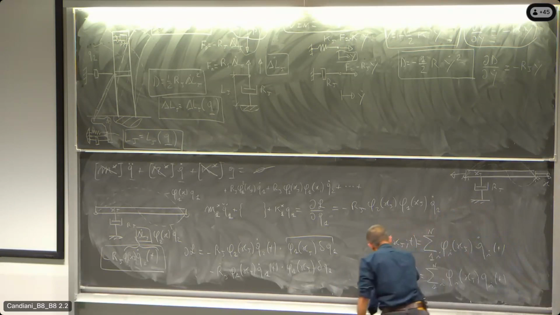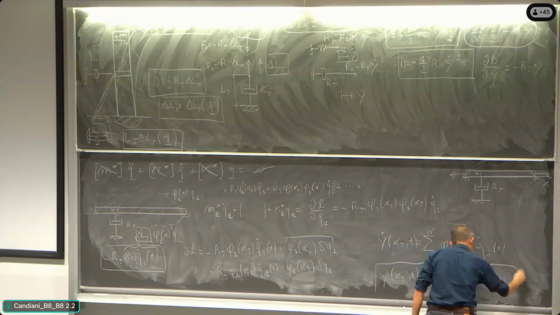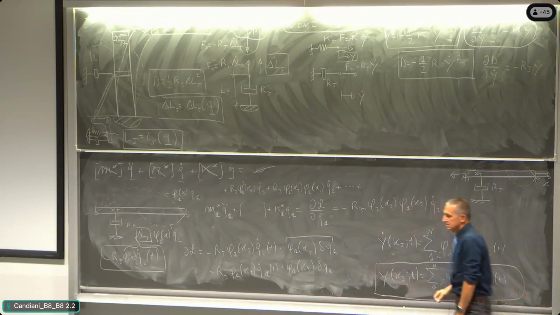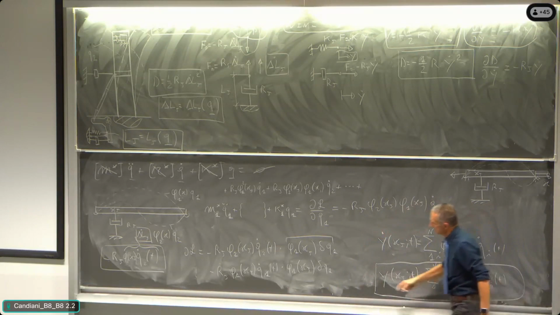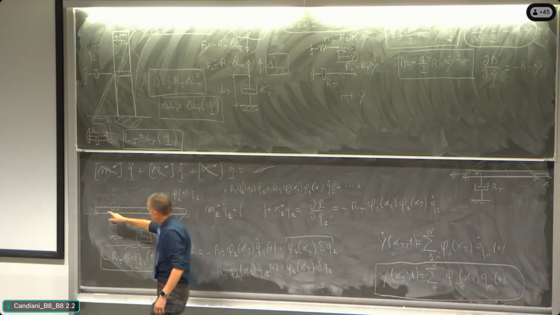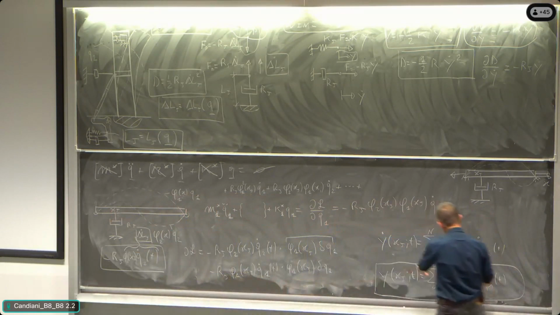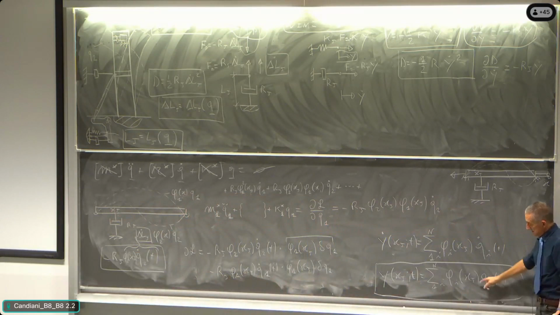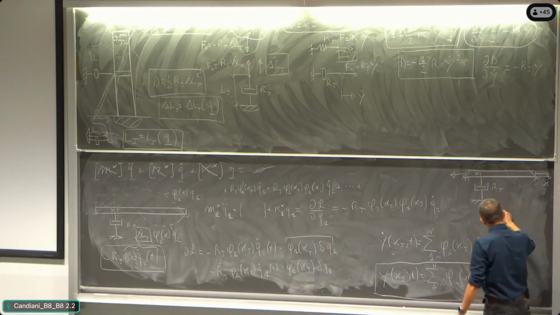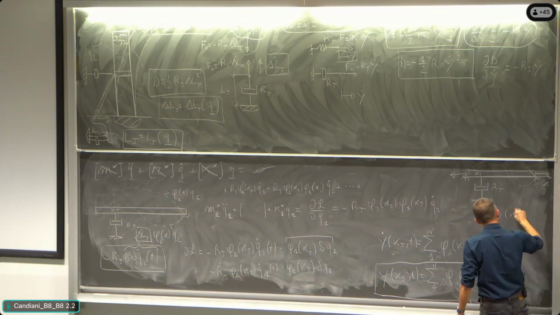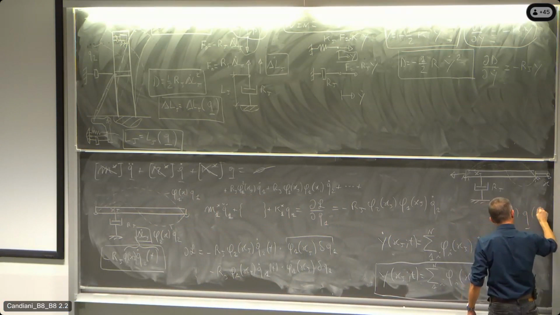The displacement, of course, is y of xj, time t, is equal to phi q. So we write the problem in principal coordinates always, and so the displacement of the general xj location is given by phi q.